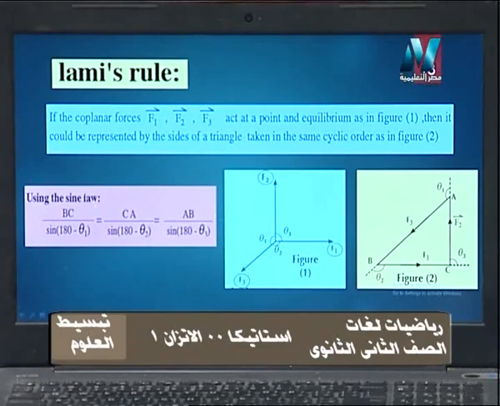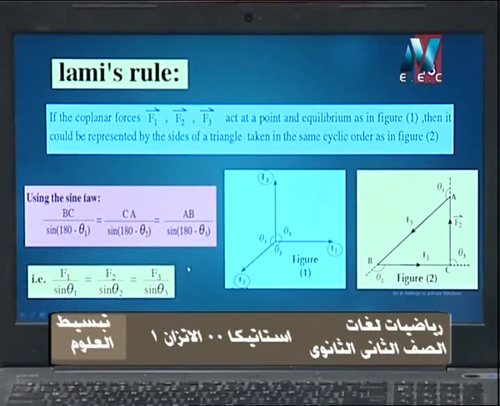So BC over sine of 180 minus theta 1, which is this angle, equals CA over sine of 180 minus theta 2, this angle, and AB over sine of 180 minus theta 3, which is this angle. Okay?